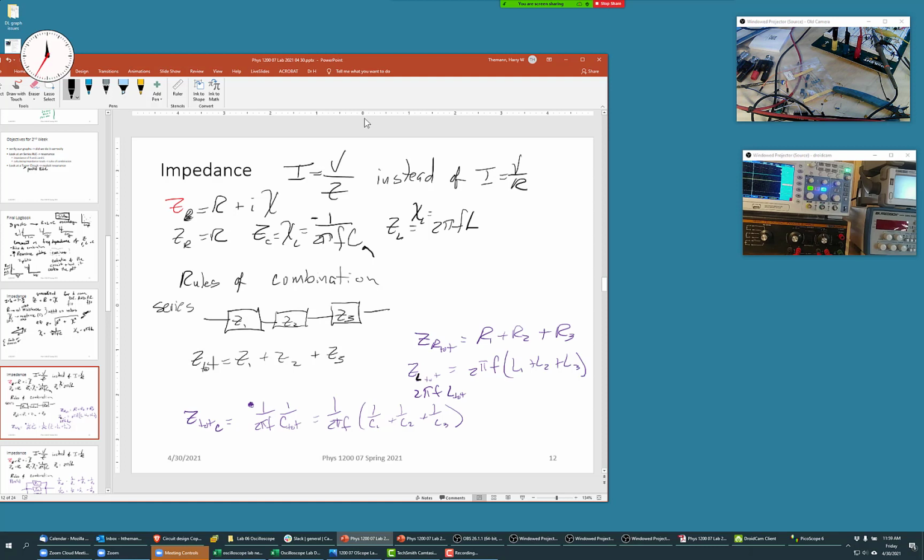And I do a similar arrangement as I did for the inductor. And look at that. We end up with the rule of combination for a capacitor, even though we started out with this equation up here. So there's no contradictions. So far.